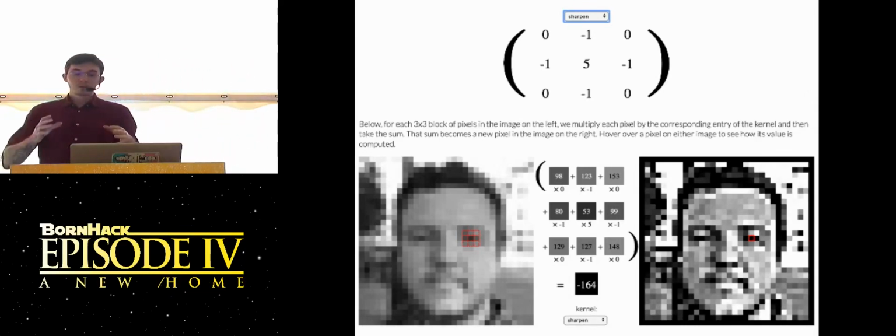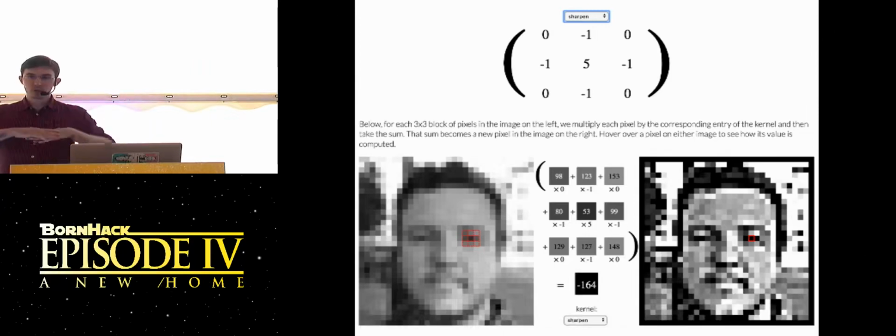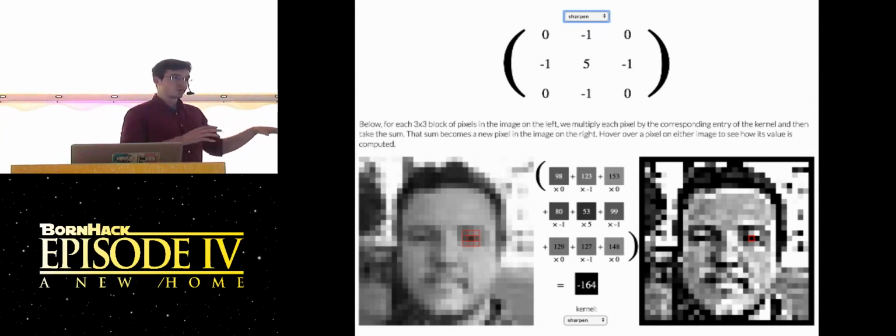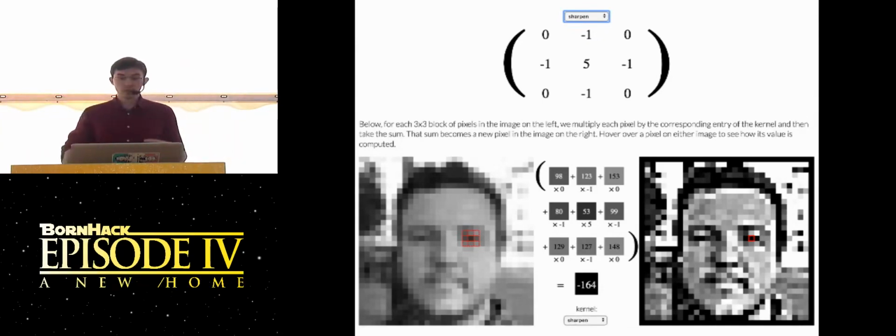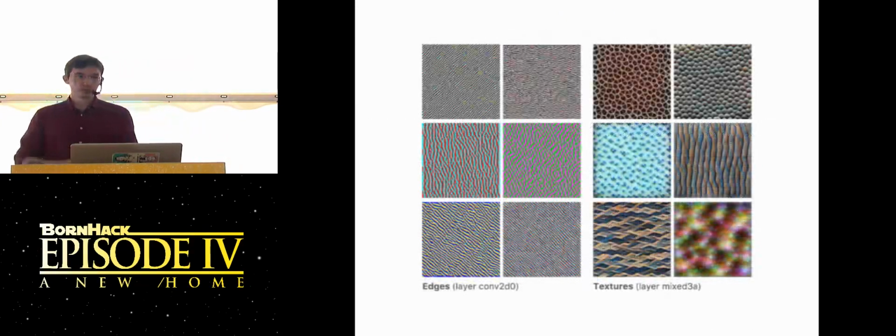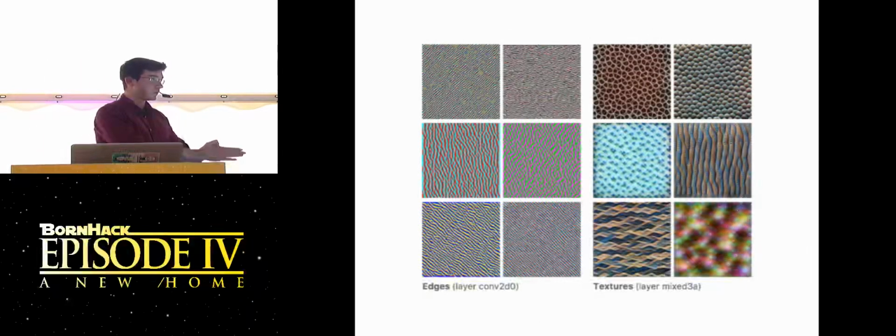Now, what do you think will happen if we stack a couple of those convolutional layers on top of each other? Does anyone have a guess? Well, if we can learn about edges or a sharpened image in the first layer, then when we combine them, we start with edges. This is a very early convolutional layer in the model. We pass the image in.